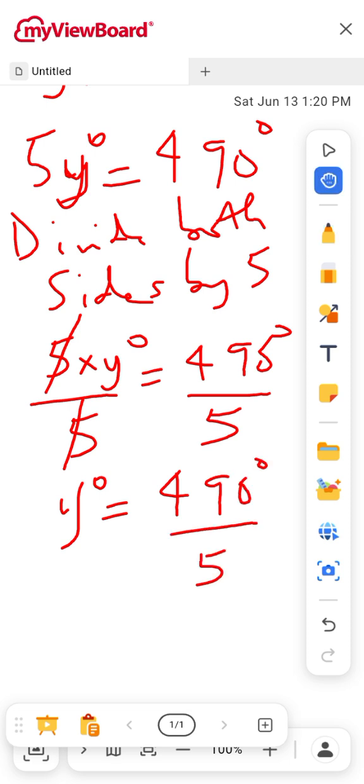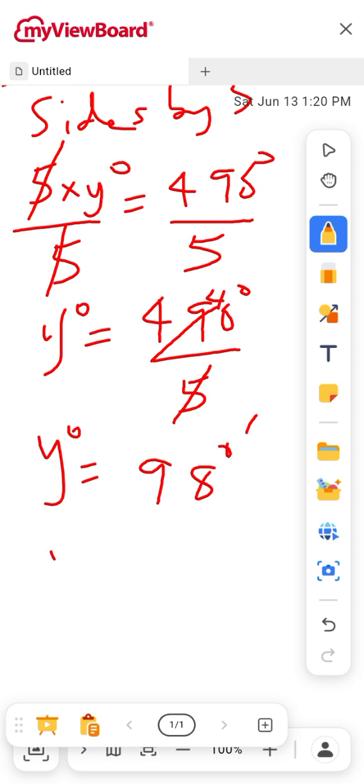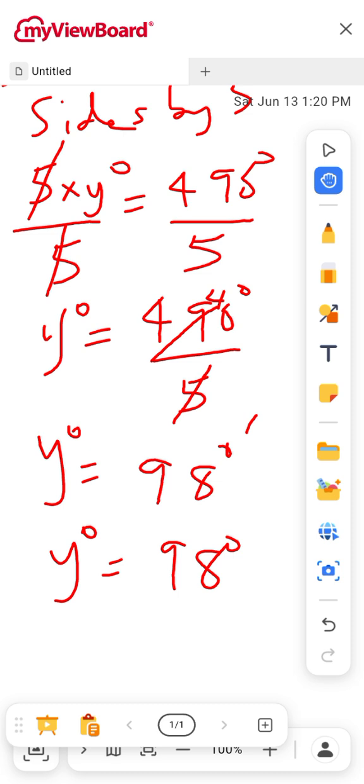So let us divide. 5 goes in 49, that is 9, 45, remainder 4. We put on 0, 5 goes in 40, that is 8. So the value of our y is 98 degrees. Are we together? So that is how to solve problems involving polygons.